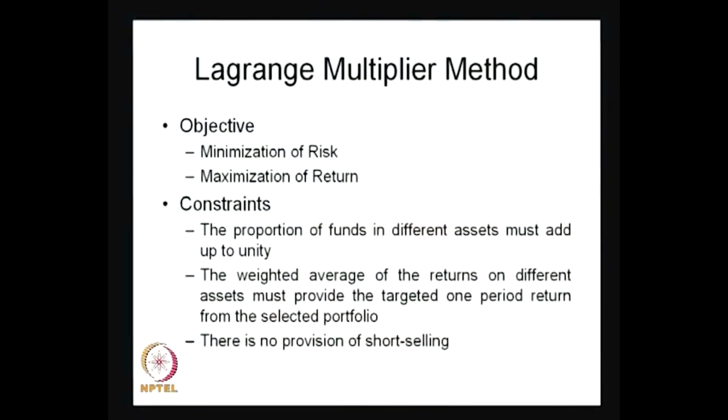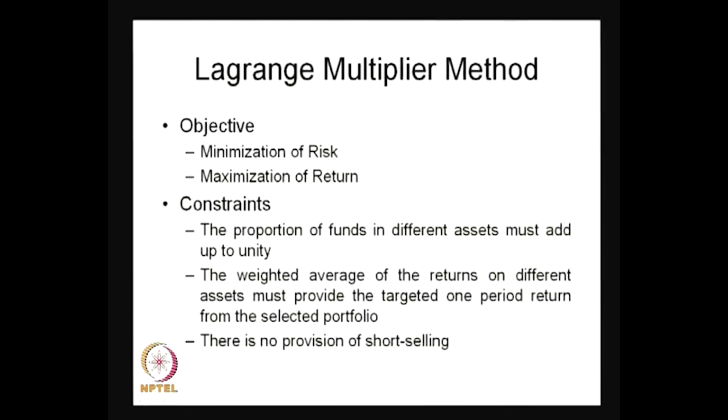This is basically nothing but a linear programming kind of problem. Here we have a certain objective, and in the case of an optimal portfolio, the objective can be either the minimization of the risk or the maximization of the return. These are the two objectives, and the investor takes either of them into account whenever they make their optimal portfolio selections.